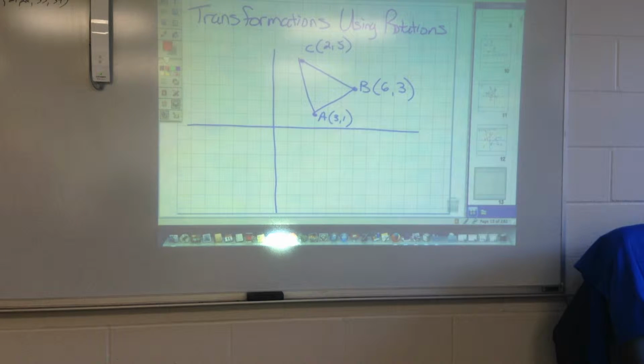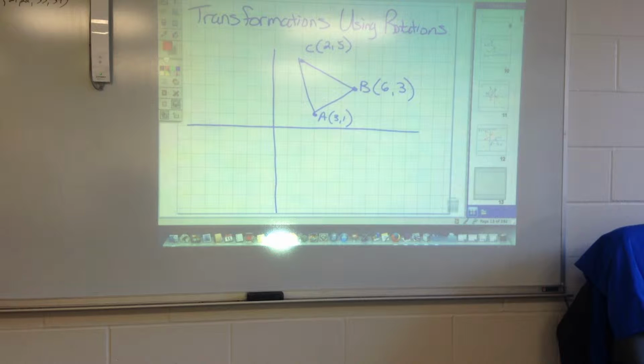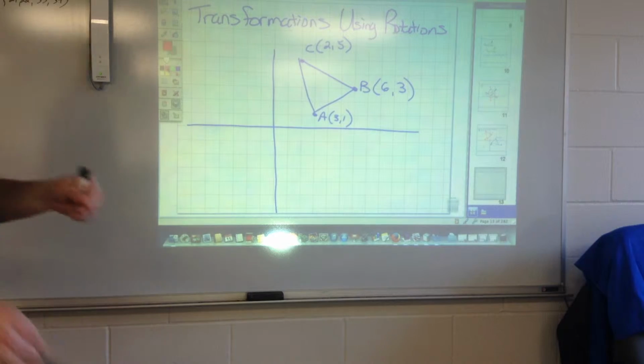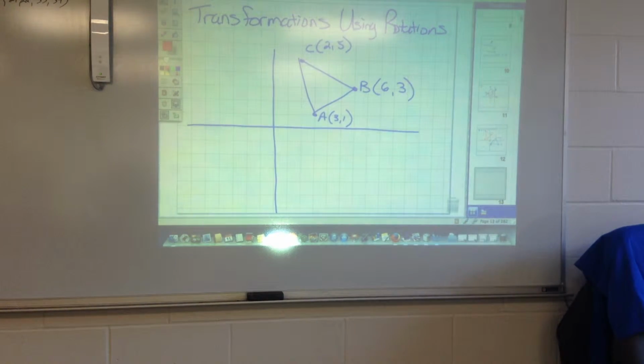Now you can rotate it any number of degrees, but we're just going to stick to three basic ones: a 90-degree rotation, a 180-degree rotation, and a 270-degree rotation. So 90, 180, and 270 is how far we're going to rotate it.